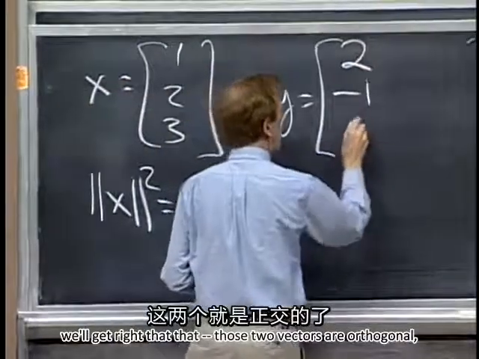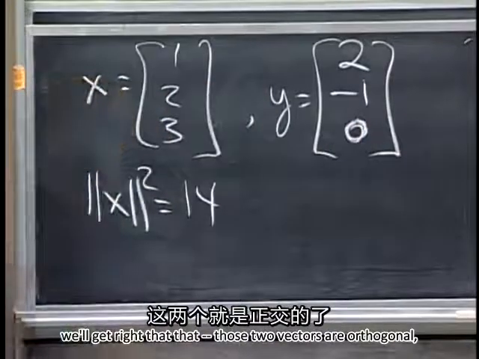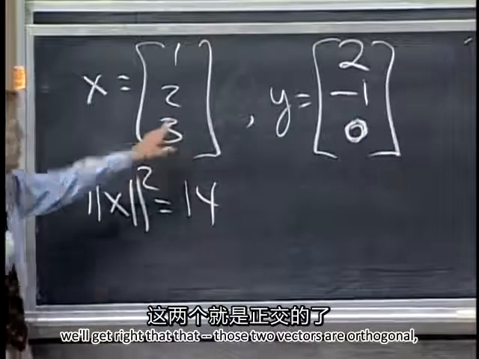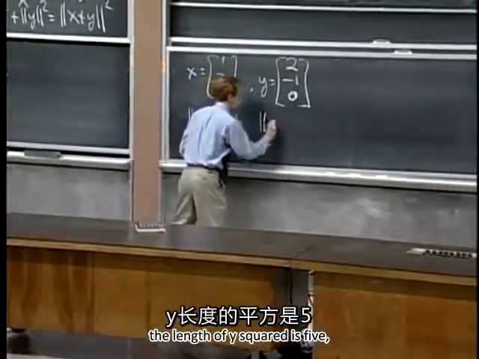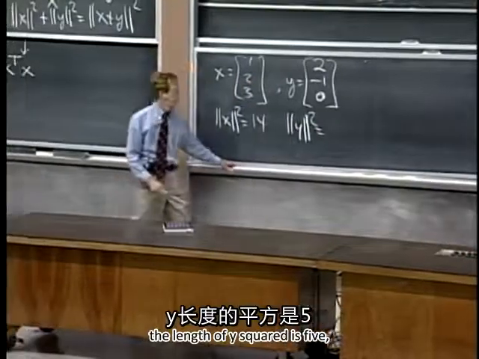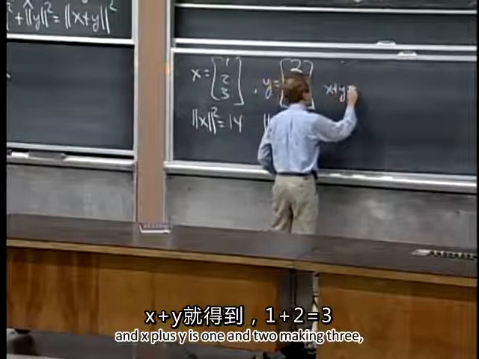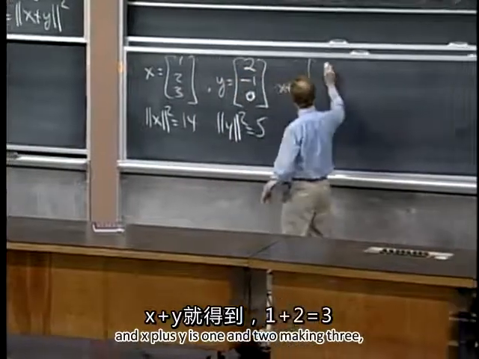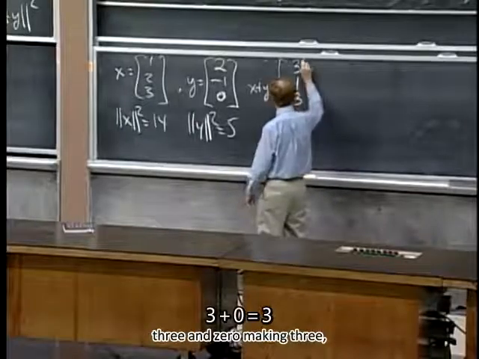We'll get y, right? Those two vectors are orthogonal. The length of y squared is 5. And x plus y is 1 and 2 making 3, 2 and minus 1 making 1, 3 and 0 making 3.